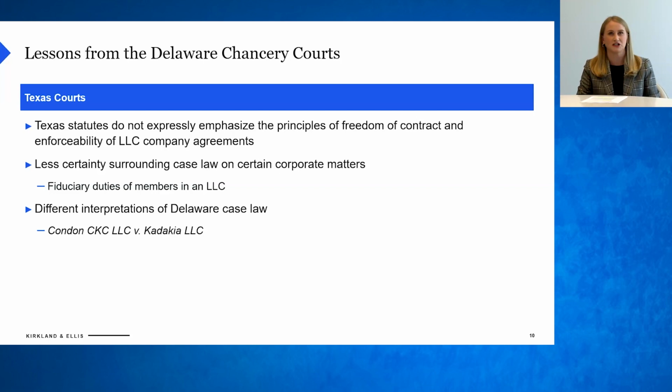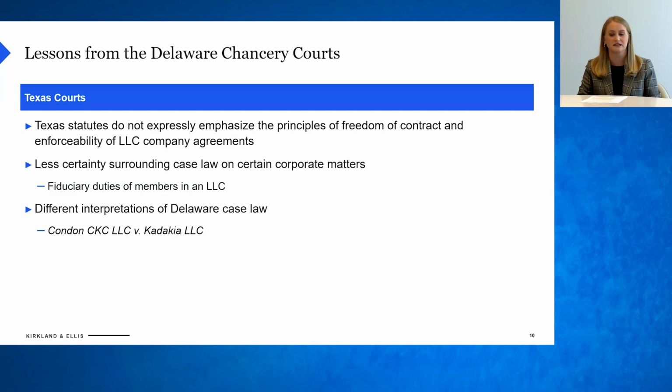Ben mentioned litigation that would be seen in these courts arising from fiduciary duties. That's one place where there could be a little more clarity in Texas, particularly as it relates to member-to-member fiduciary duties.